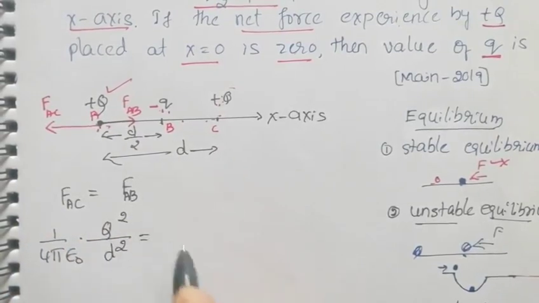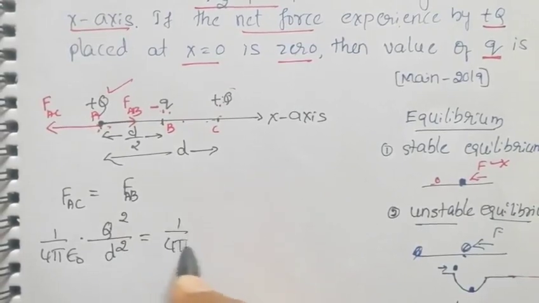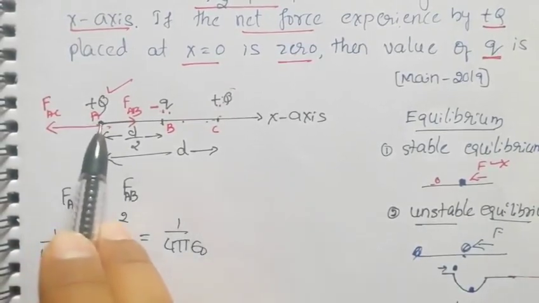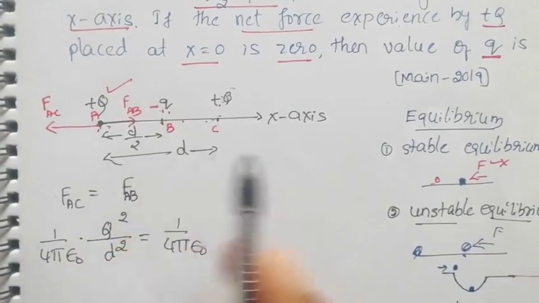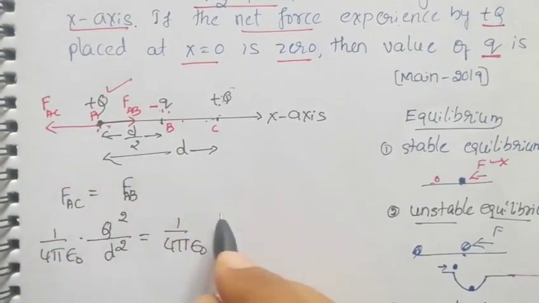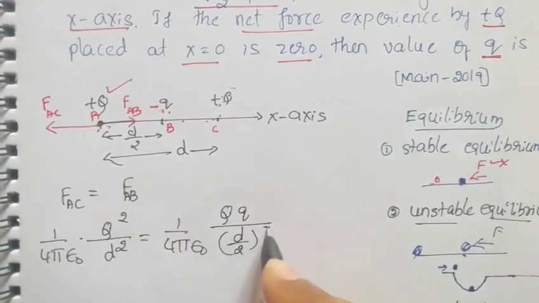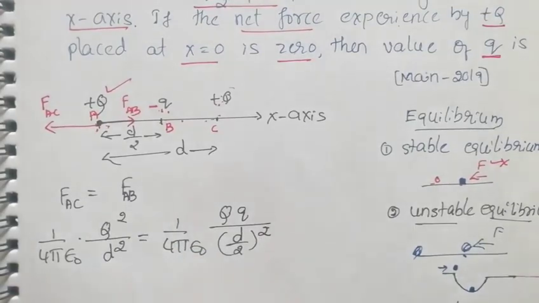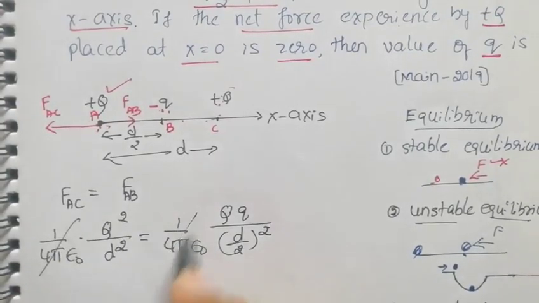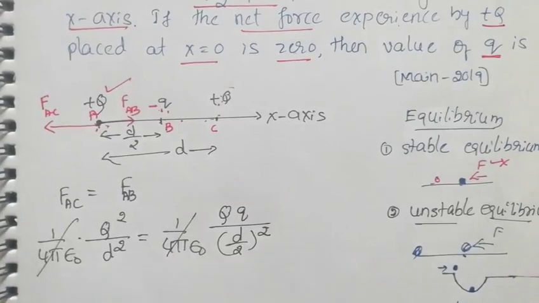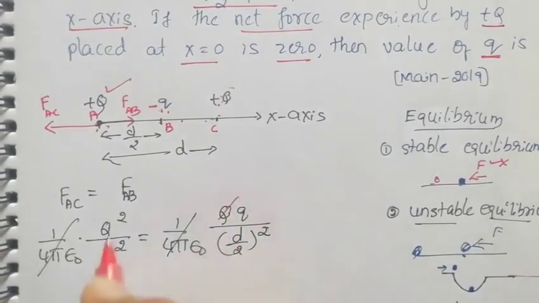That is equal to 1 by 4 pi epsilon naught times the force between A and B, which is capital Q small q divided by d by 2 whole square. Now 1 by 4 pi epsilon naught is going to cancel, and one factor of q is going to cancel.